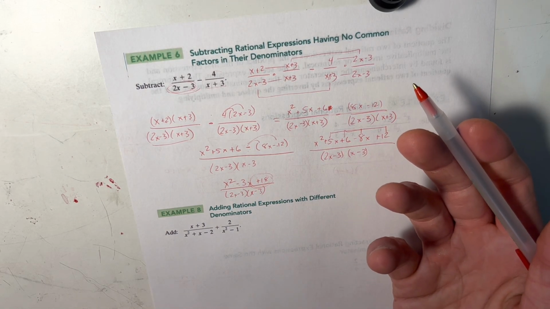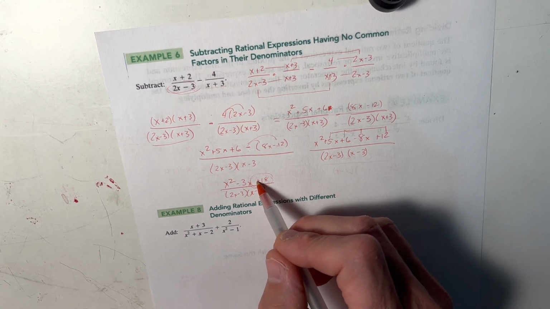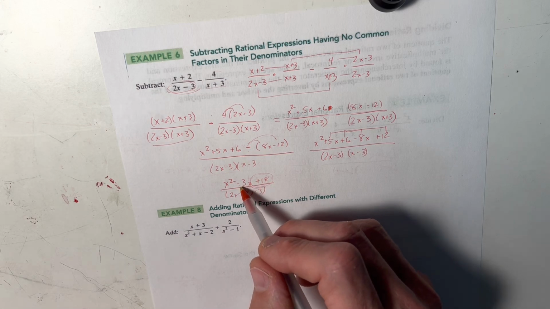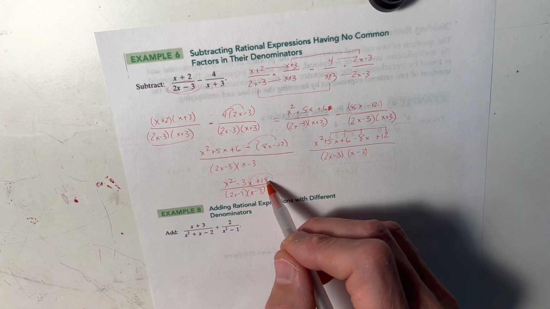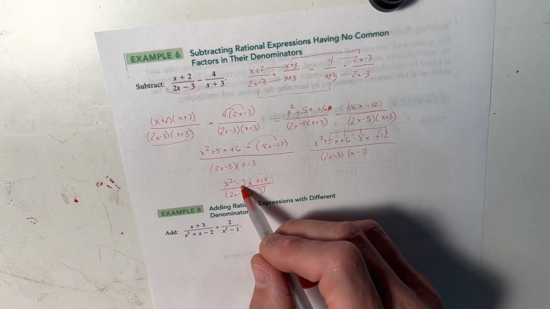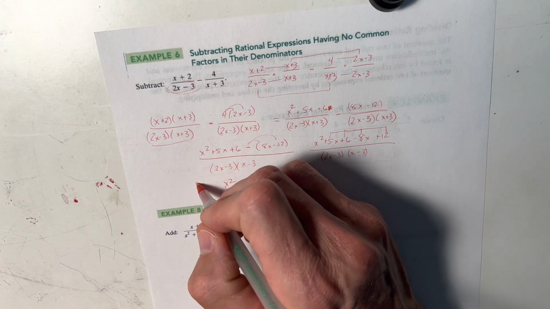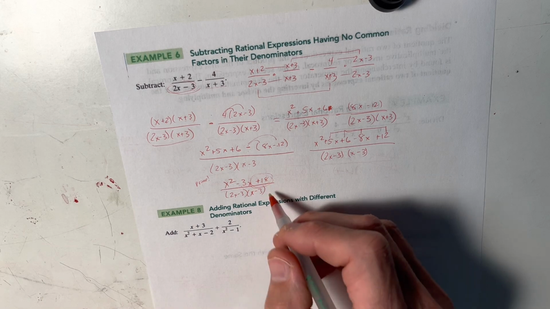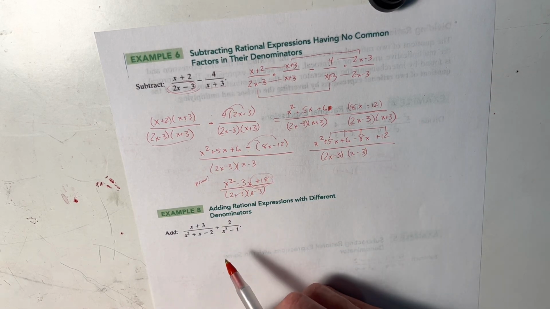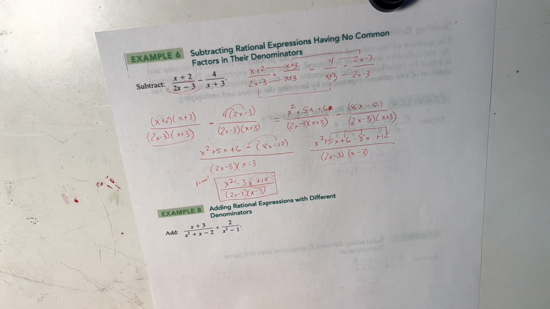Well, there aren't any, because 6 and 3 multiply to give a positive 18, but add up to a positive 9, and that's not what we have here. Negative 6 and negative 3 would multiply to give me a positive 18, but add up to a negative 9. Therefore, the numerator is prime, which means we can't factor it. So we're done. We can't reduce this anymore, with the exception of still having to find our domain restrictions.